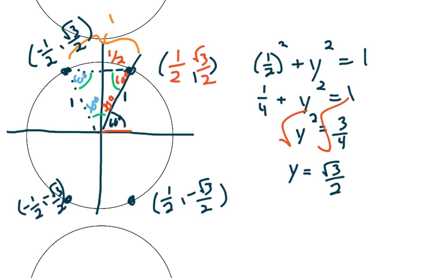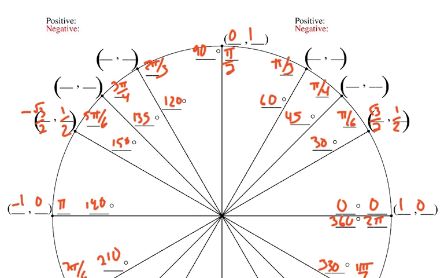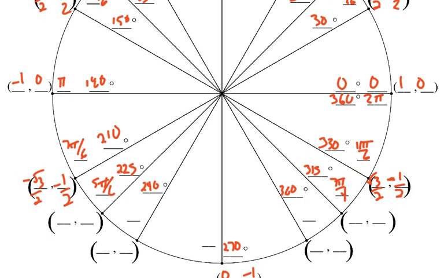So we're going to go to our unit circle and fill these out. So this would be 1/2, negative square root of 3 over 2, -1/2, square root of 3 over 2, -1/2, negative square root of 3 over 2, and then +1/2, negative square root of 3 over 2.